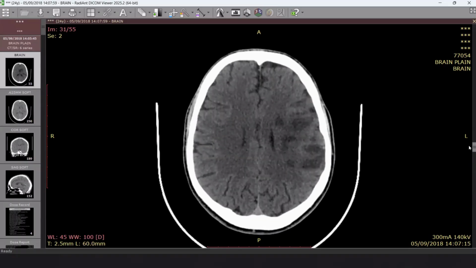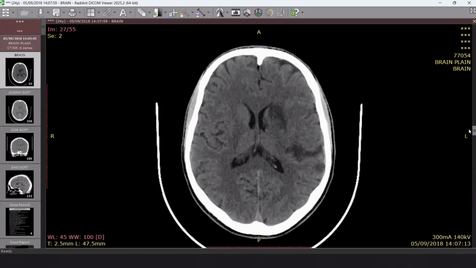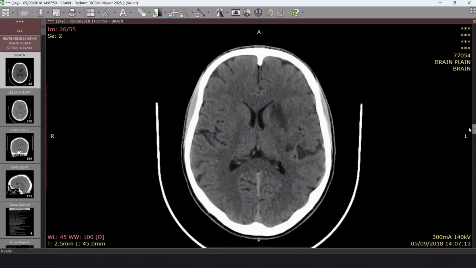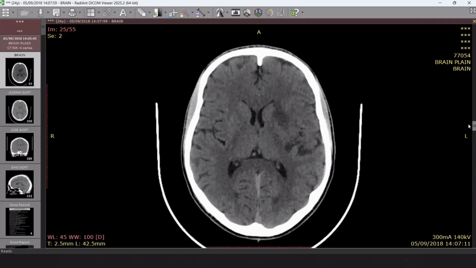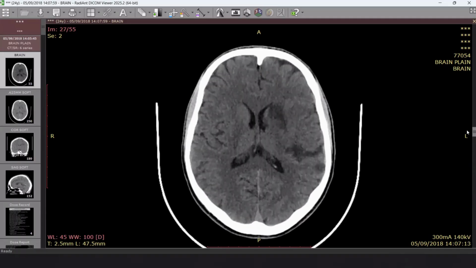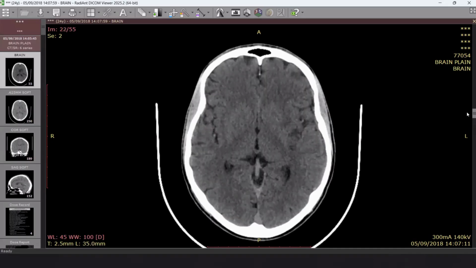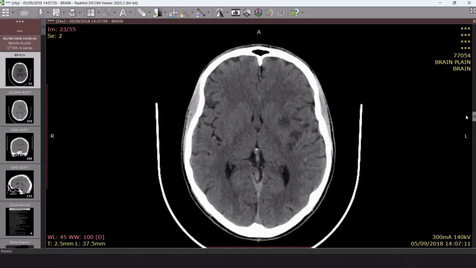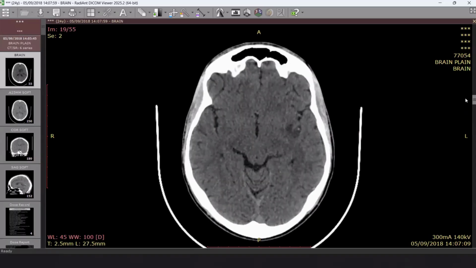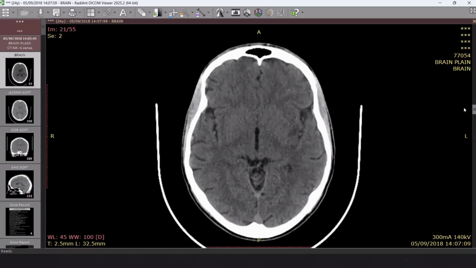There is no midline shift, no brain herniation, and no compression of the ventricles. Also no evidence of hemorrhage.